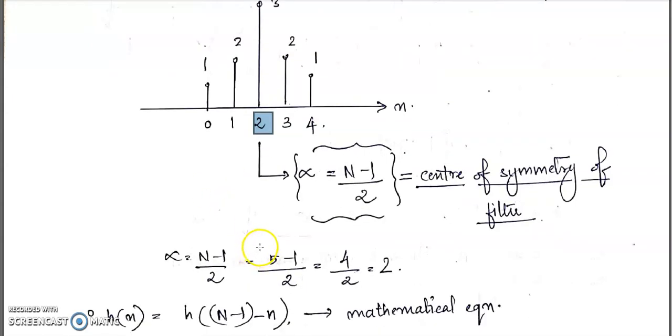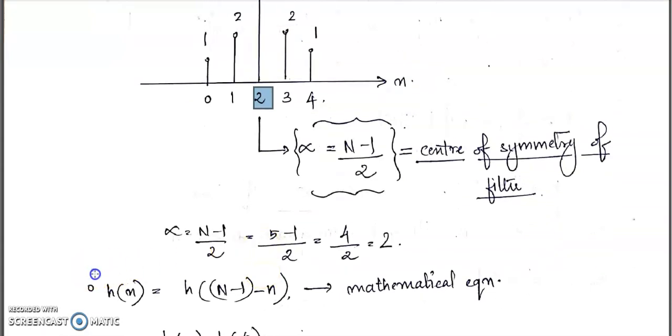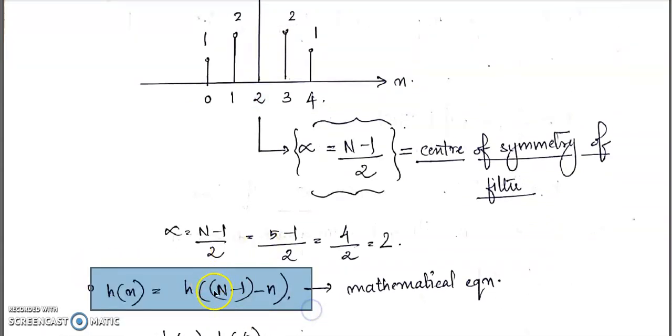And we can say that h of n is equal to h of capital N minus 1 minus small n. You can check this mathematical expression here.